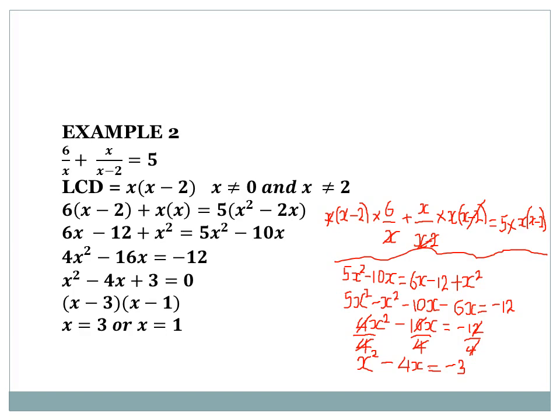The restriction says x must not be equal to 0, x must not be equals to 2. And our answer, we have x is equals to 3 or x is equals to 1. So we can say the solutions are valid.